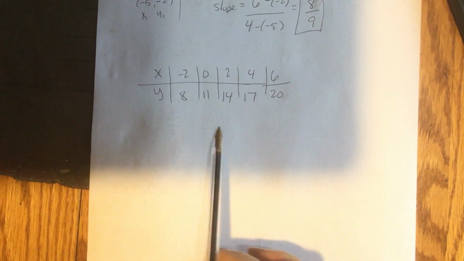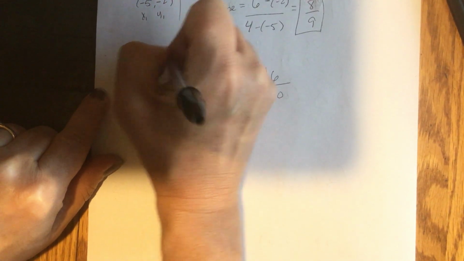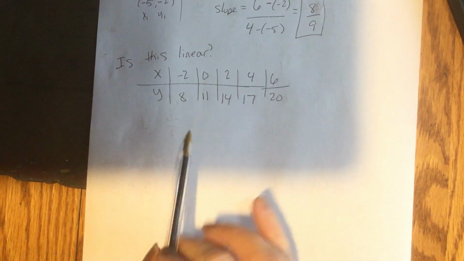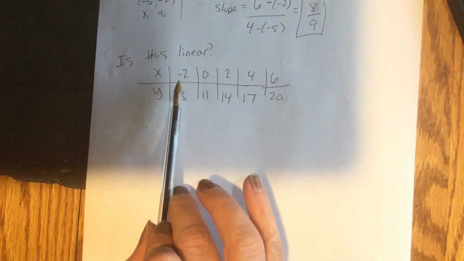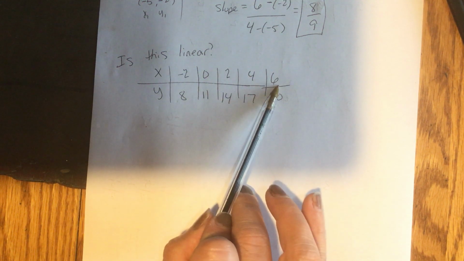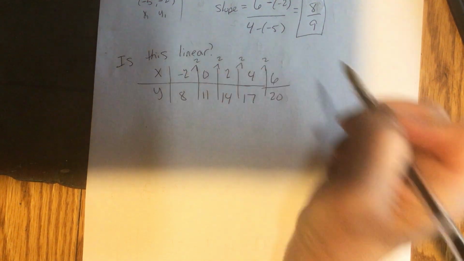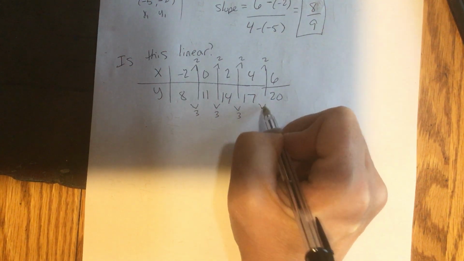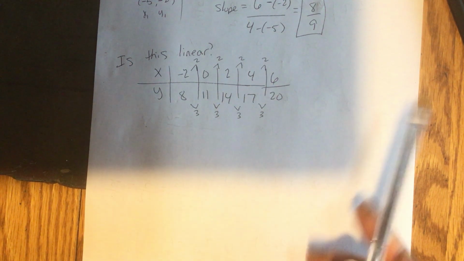Okay, you can tell, they might ask you, is this linear? Well, if it's linear, then the rate of change between all of them are exactly the same. So if we look and see what happens here, from -2 to 0, I go up 2, I go up 2, I go up 2, I go up 2. So my difference between all of them is 2. And here I go up 3, up 3, up 3, up 3. So as long as I'm doing the same with my x's and the same with my y's, then it's linear.